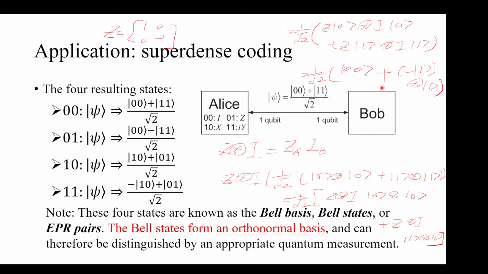Then they will have what's called shared randomness. Shared randomness will also create some correlation between Alice and Bob, but you can very easily show that shared randomness is less powerful than shared entanglement. In particular, superdense coding is already a proof.